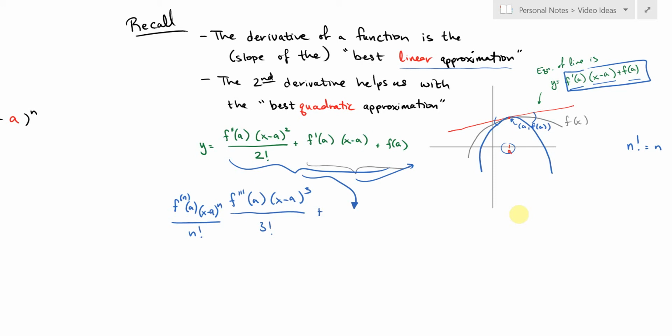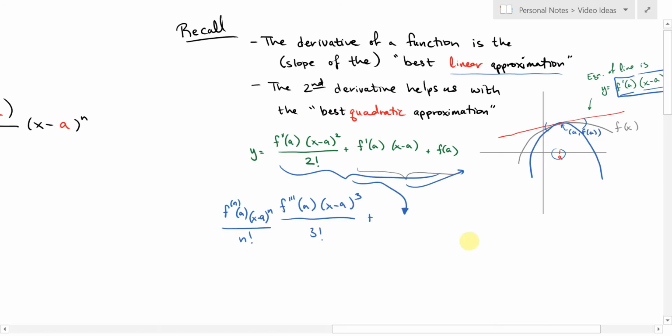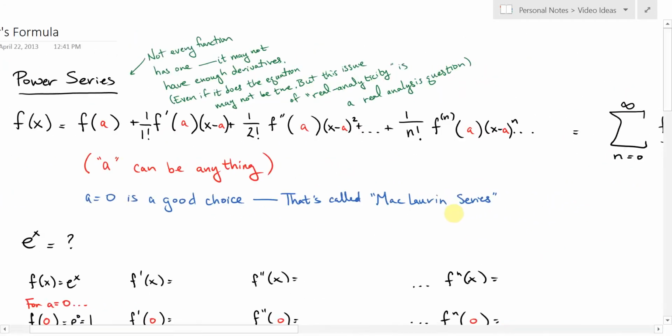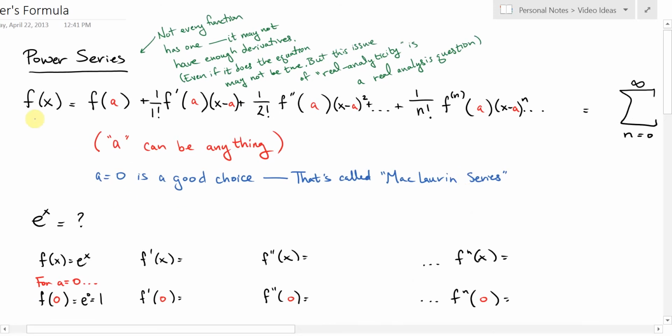It'll be a good approximation to the function, and it'll in fact equal the function in a neighborhood around this point. So that's the whole business of power series, if you recall. So I've written it right here. f of x is equal to, so ideally you'll be able to express the value of a function at the point x by f of a plus 1 over 1 factorial.